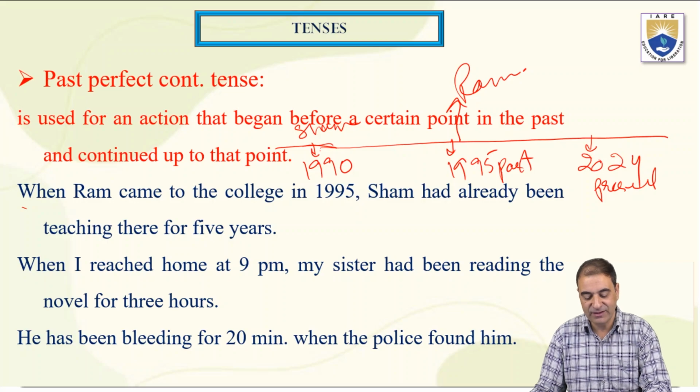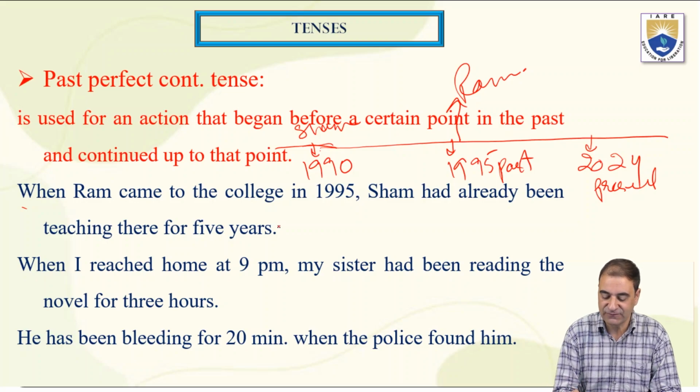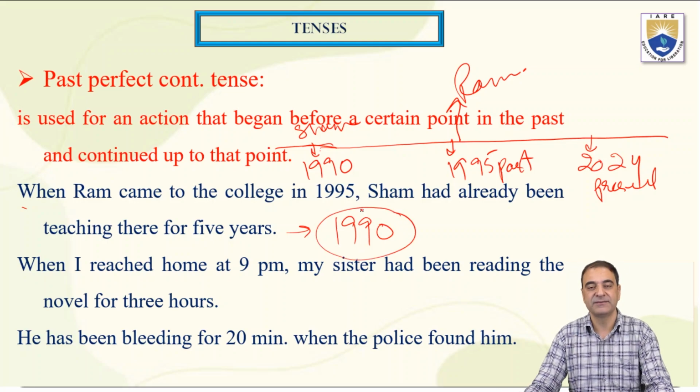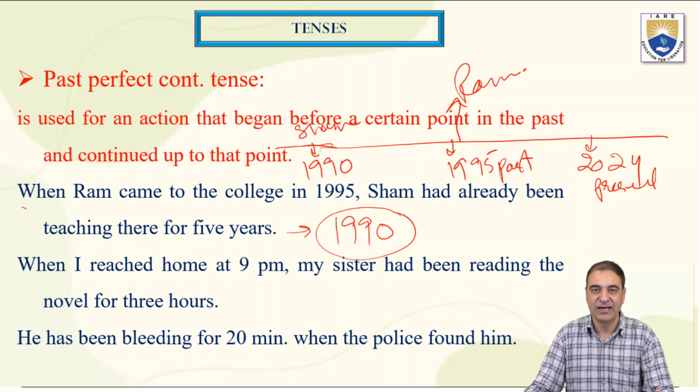That's why we say, when Ram came to the college in 1995, Sham had already been teaching there for 5 years. That means Sham had started working there in 1990. And 1990 is the first action. It comes before 1995. And the first action you have to express in past perfect.